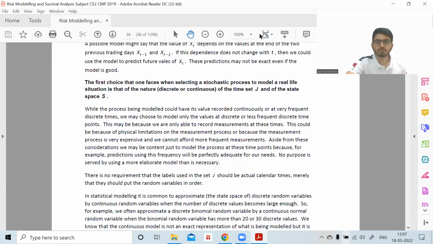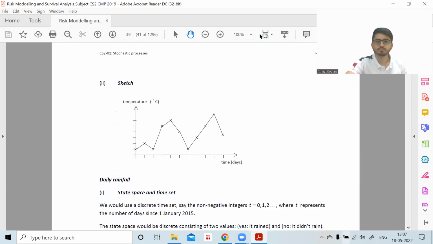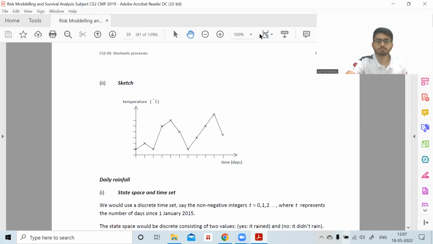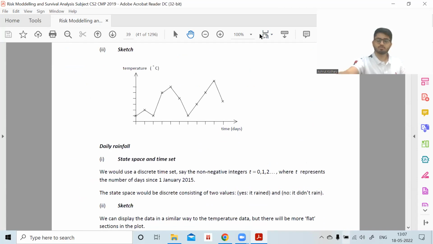I have a graph of it here. Let's look at this to begin with. On the x-axis, what we observe is basically time, and on the y-axis, what I plot is basically the temperature observed. Let's say this is the maximum temperature on each day. So you're looking at a graph.